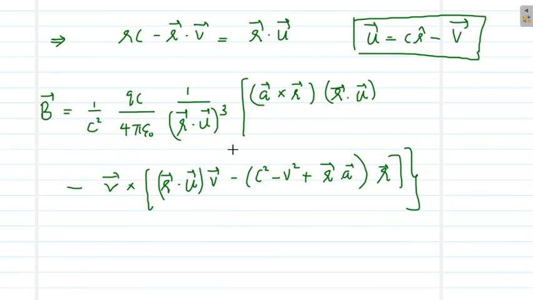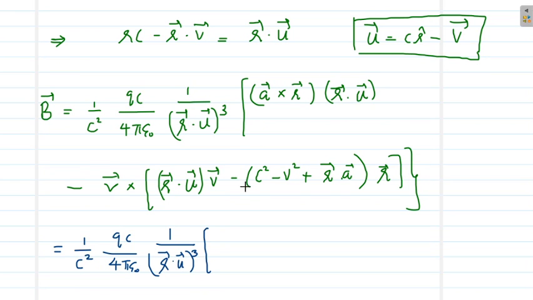Now let us expand the terms inside this bracket. So in the first term, this is equal to 1 by c square into qc by 4 pi epsilon 0 into 1 by (r bar dot u bar) the whole cube into a bar cross r bar into r bar dot u bar, which is the first term.